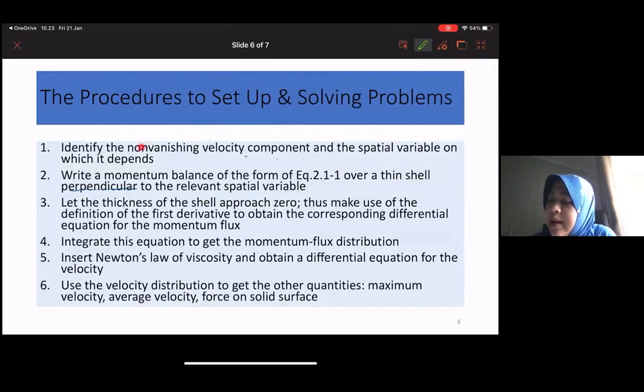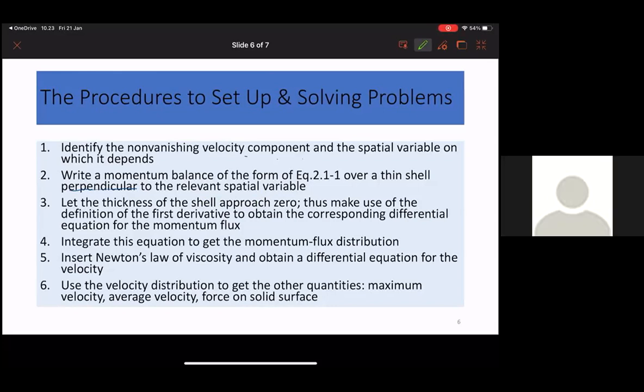For example, if in the problem the velocity happens only in the direction of x, what is the velocity in the direction of y and z? 0.